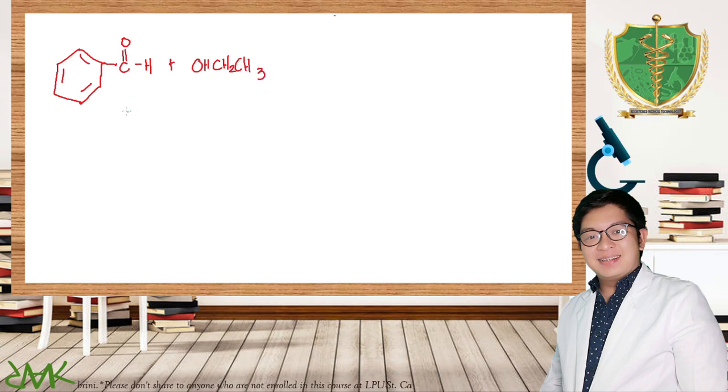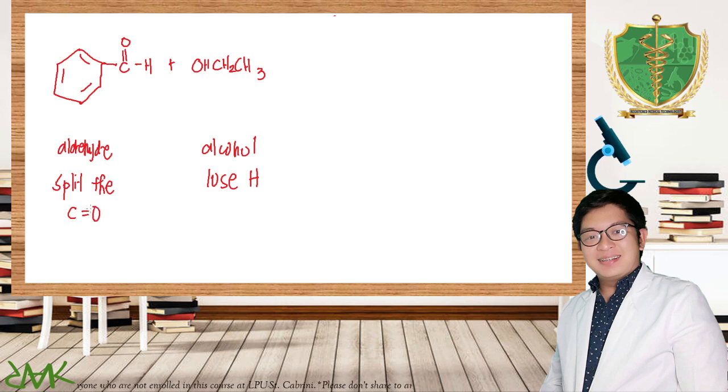Okay? So this is the hemiacetal reaction. Take note, guys, originally, our aldehyde. What the alcohol will do is lose hydrogen. What the aldehyde will do is split the carbon double bond, leaving two carbon single bonds, with oxygen having a partial negative charge.